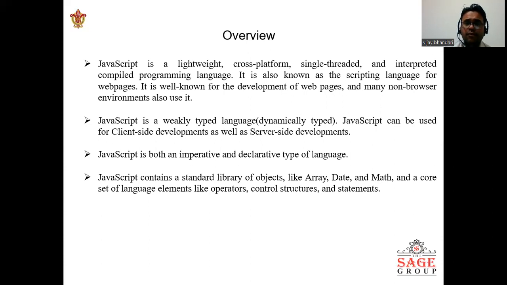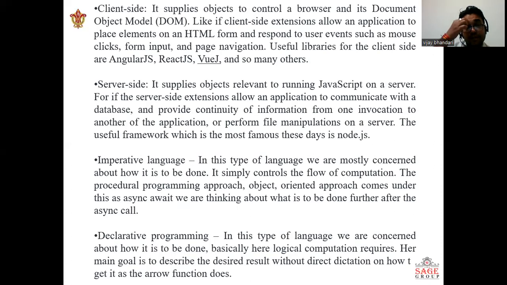Now we move to client side, server side, imperative languages, and declarative programming languages. It supports components like the DOM and client-side extensions that allow an application to place elements in an HTML form and respond to user events, for example mouse clicks, form inputs, and page navigations.